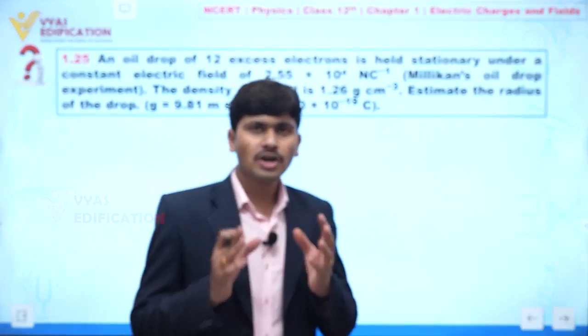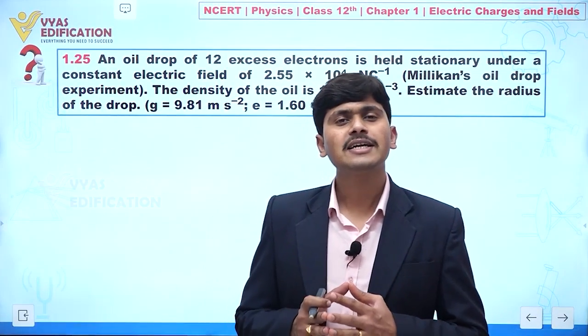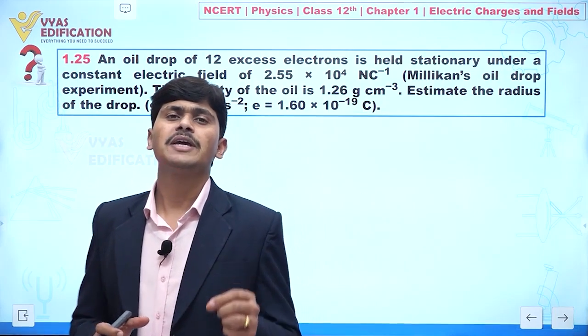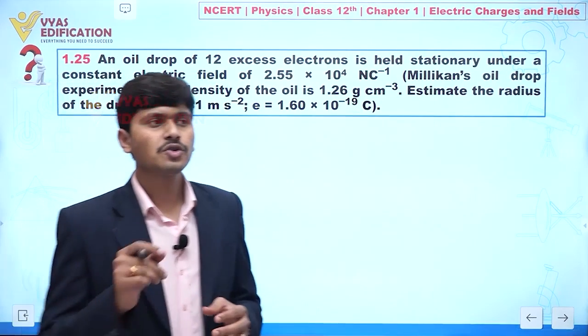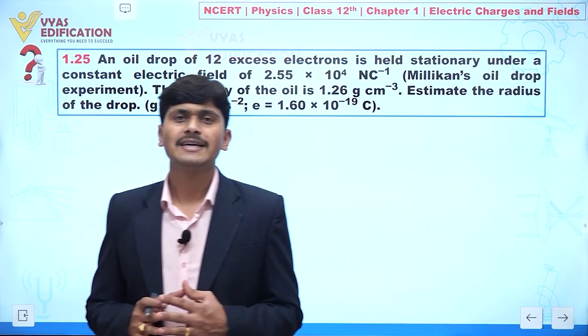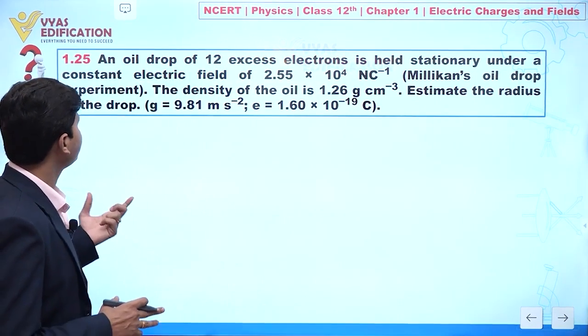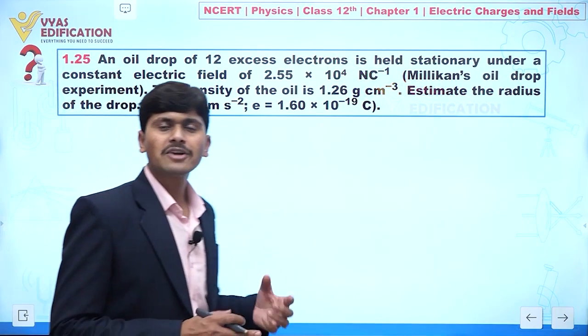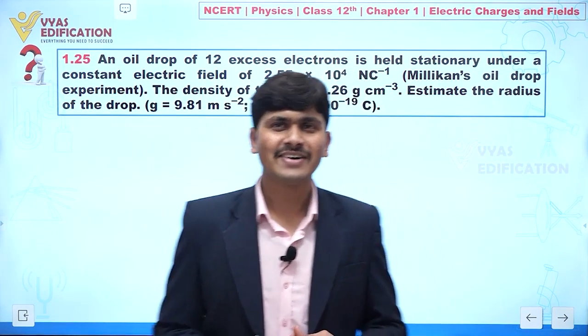Let's suppose the oil drop is in equilibrium. At that time QE should be equal to mg. From there we will find the radius of this drop. So now we are going to solve this question. Concentrate on the screen.